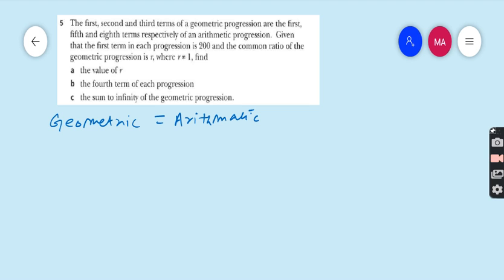In geometric, the first term is a, in arithmetic, the first term. In geometric, the second term, that is ar, in arithmetic, the fifth term, that is a plus 4d. In geometric, the third term, that is ar square, in arithmetic, the eighth term, that is a plus 7d.